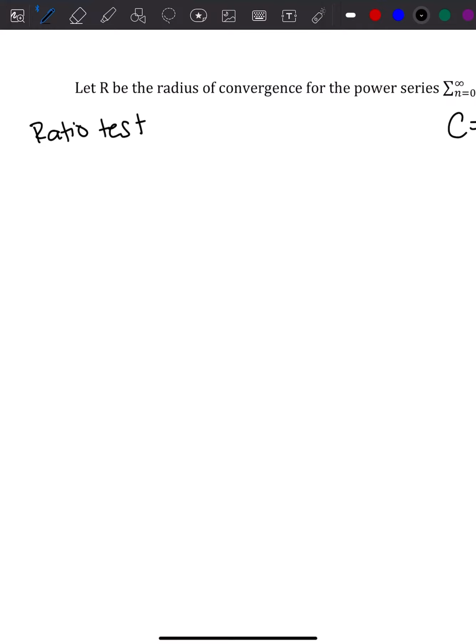Some things that we want to remind ourselves about the ratio test. The ratio test is the limit as n approaches infinity of the absolute value of a sub n plus 1 divided by a sub n. So we want to take the next term and divide it by the current term.